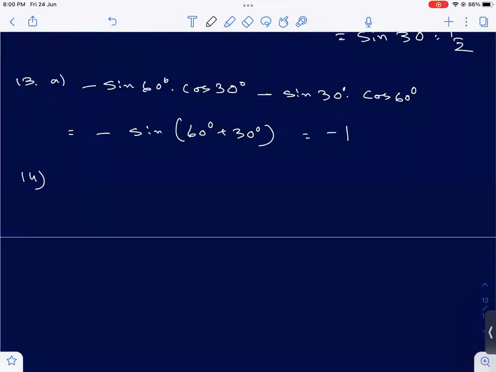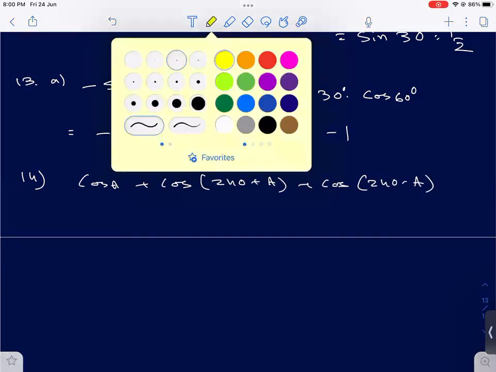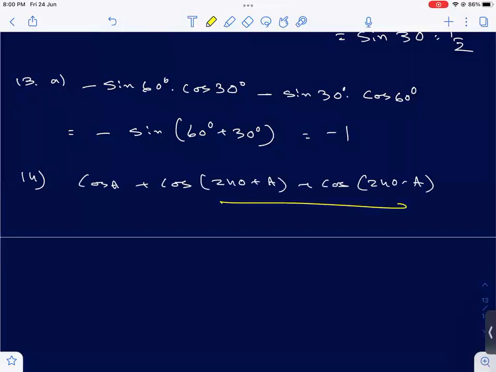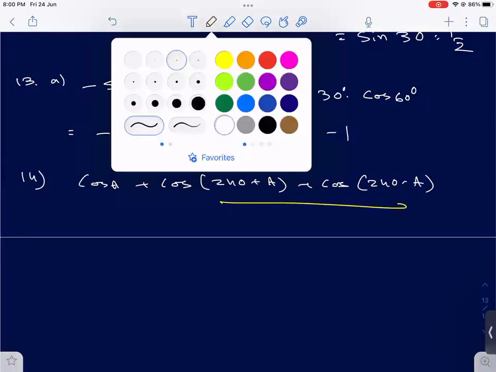Now I am going to sum number 14. It's a very simple calculation. Cos 240 plus A plus cos 240 minus A. This is the cos C plus cos D formula: 2 cos (C plus D) by 2 into cos (C minus D) by 2.